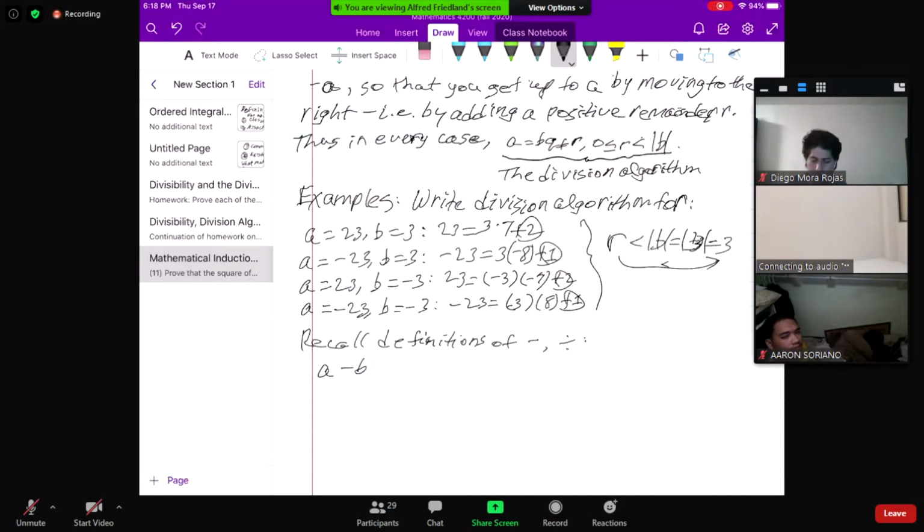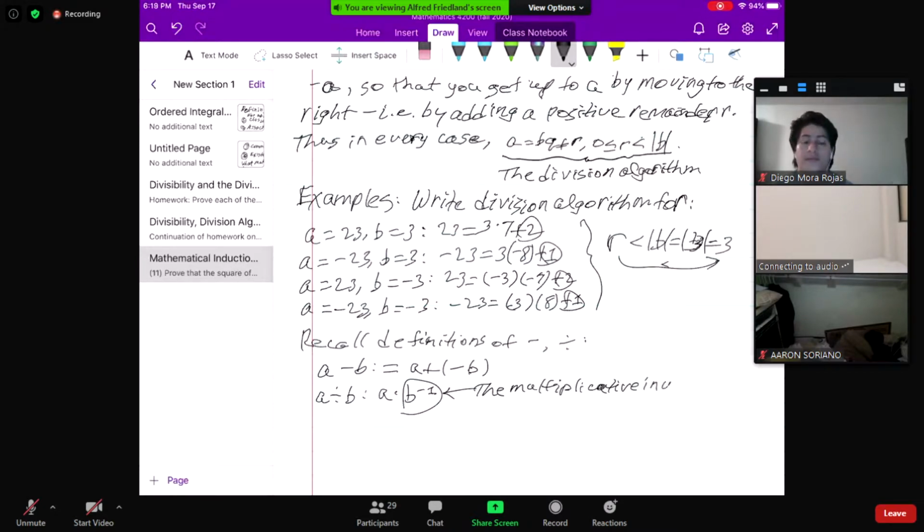A minus B equals, by definition, colon equals, A plus the additive inverse of B, which we have by the fourth property of a ring, and A divided by B by definition is A times the multiplicative inverse of B.